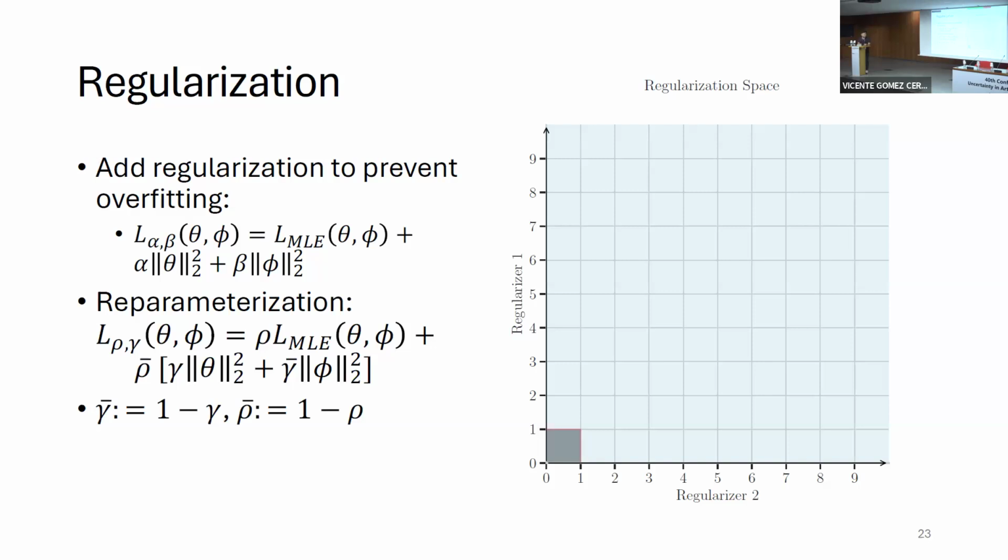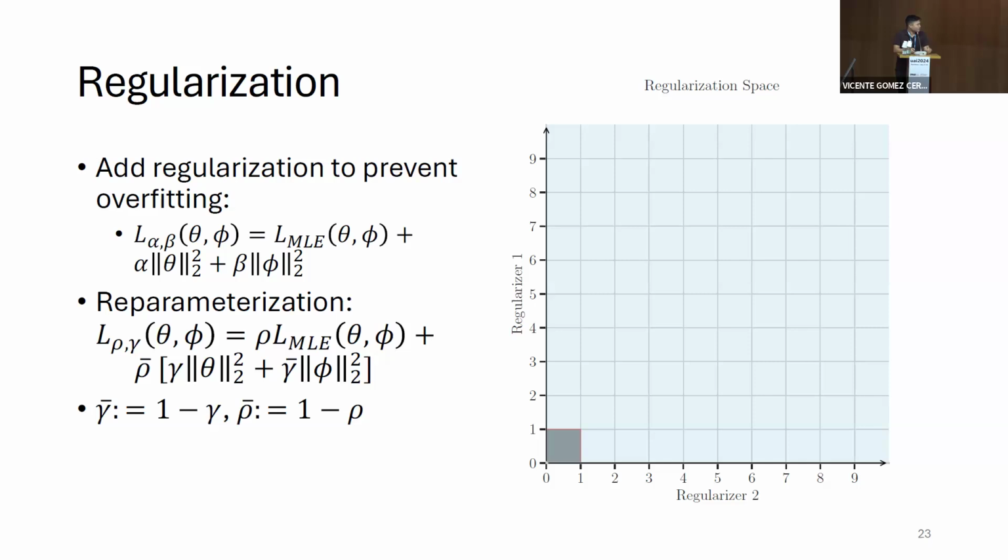Now we express this in terms of rhos and gammas. And rho and gamma can be interpreted as weightings. So rho, which is what we have on the MLE term, is going to determine how much of the importance is being placed onto the likelihood versus onto the regularizers. And in this notation, rho bar and gamma bar just denote 1 minus rho and 1 minus gamma. Now, what gamma's doing is it's determining how much of our penalty do we want to put onto our mean versus our variance.